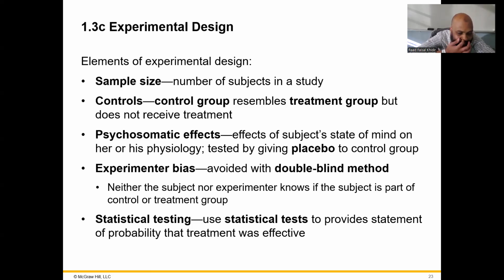Why is statistical testing important? It's important because it provides a statement of the probability that the treatment was effective. So for example, if I take Tylenol and my pain goes down by 2%, is that statistically significant? It just went down by 2%. But there's another medication, if you take it, the pain goes down by 90%.